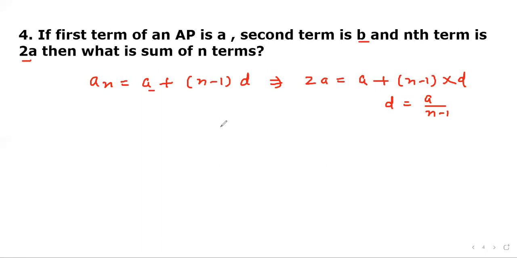Now, common difference will be b minus a, d equal to b minus a. And here we have got d equal to a upon n minus 1. So both will be equal.